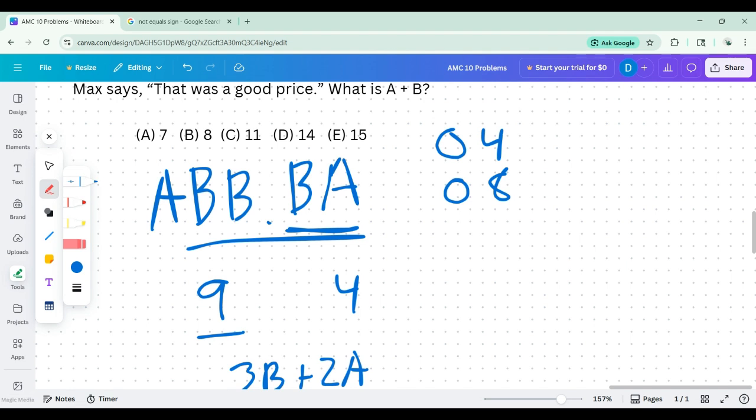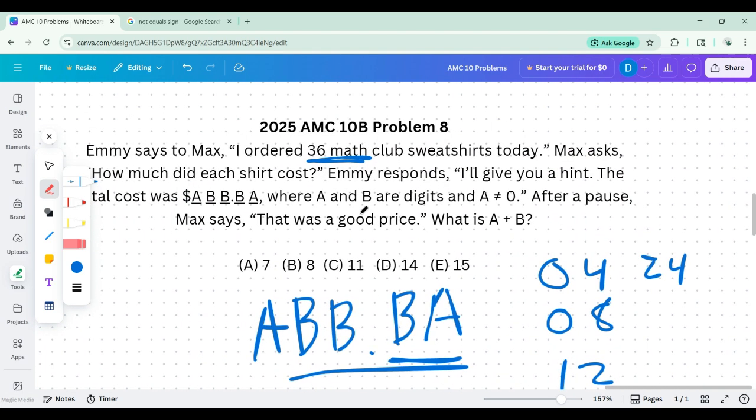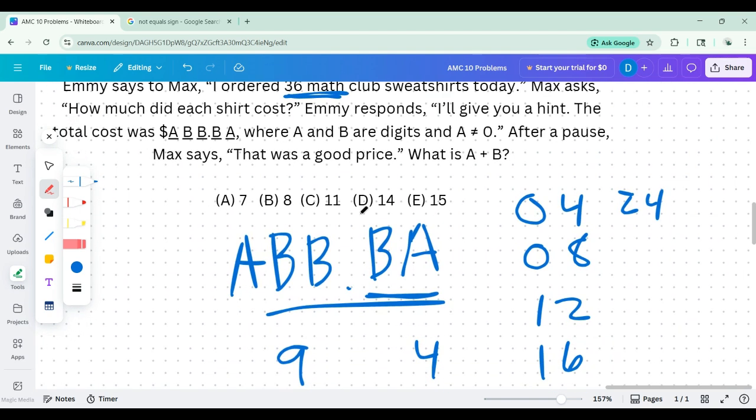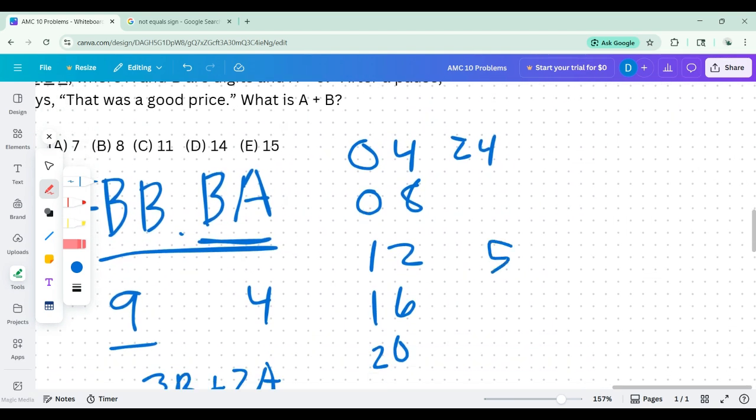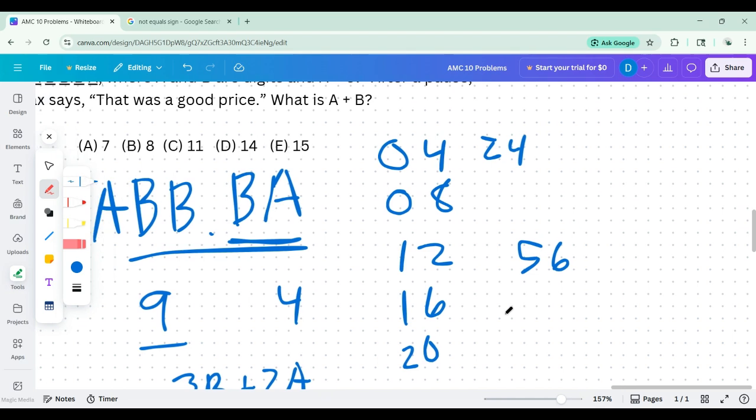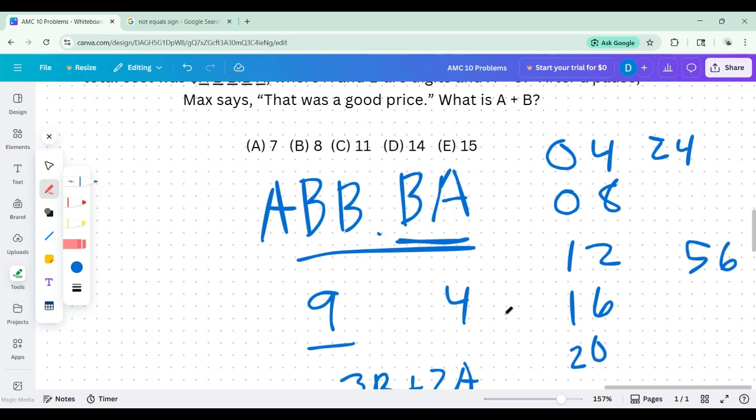It can't be 00 because A cannot be 0. We have 12, 16, 20, 24. And you can go down the line until one works. I'm pretty sure it's midway, and the one that works is 56, I believe. So B is equal to 5.